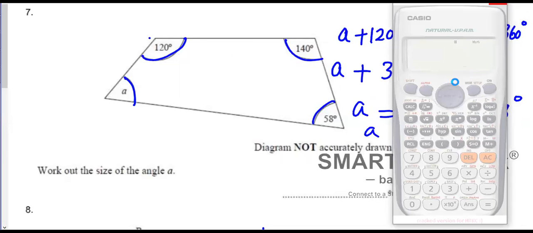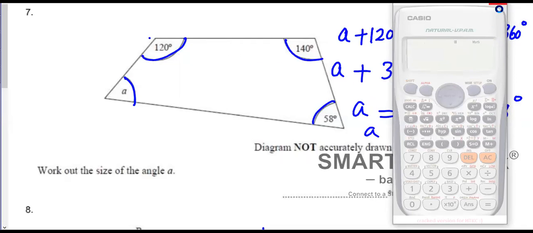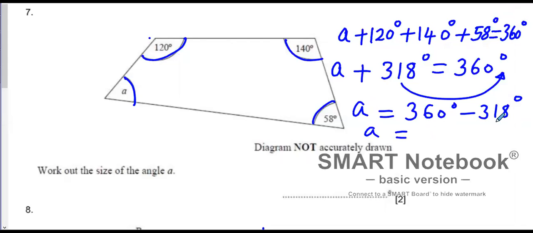Okay, so what is 360 minus 318? 360 minus 318 will give you 42 degrees.